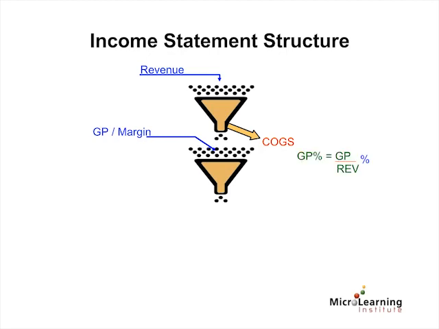As the financial statements are prepared on a consistent basis by all companies, users of financial accounts can compare the performance of different companies by calculating the gross profit percentage. The gross profit percentage is calculated by comparing the gross profit with the revenue for the period.